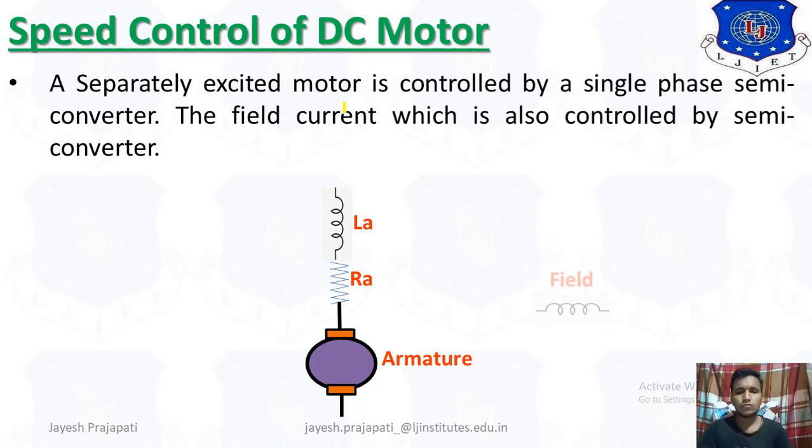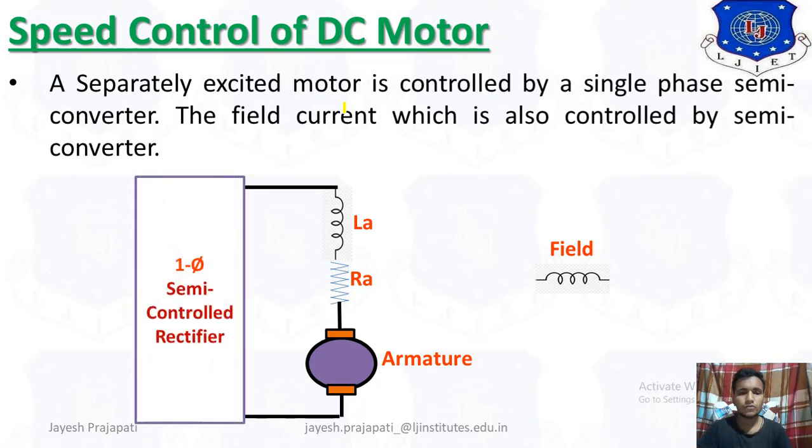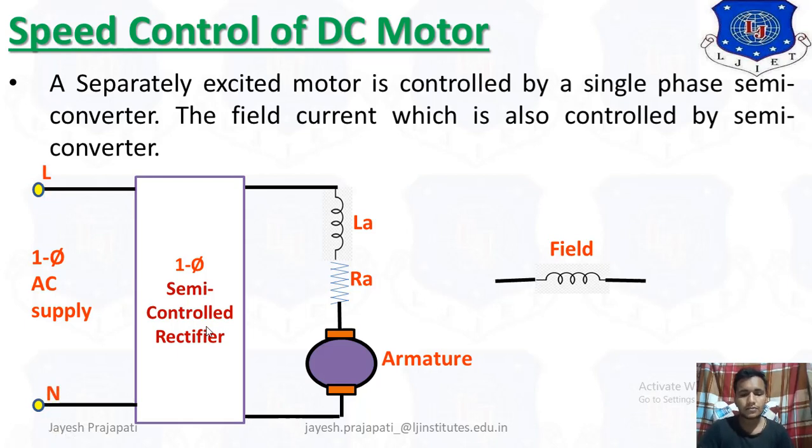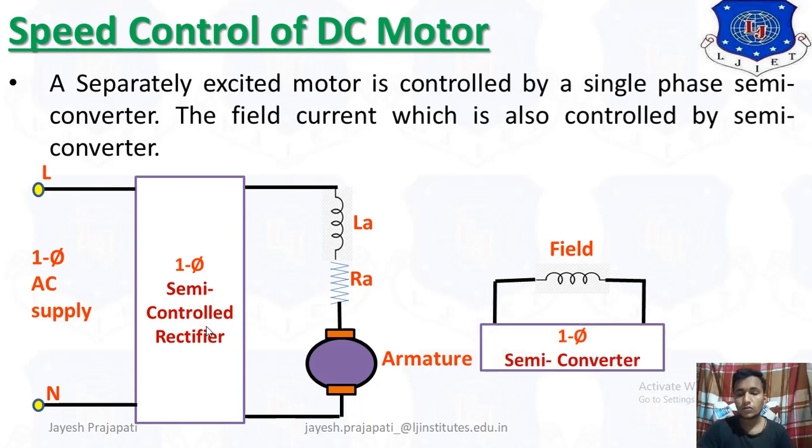Then we give this DC supply to the armature by a semi controlled rectifier. In the input there is a single phase AC supply. So AC to DC is converted by this rectifier, and we use a semi controlled rectifier. Now L and N, that is line and neutral. Now we connect this field circuit also with a single phase semi converter and with AC mains.